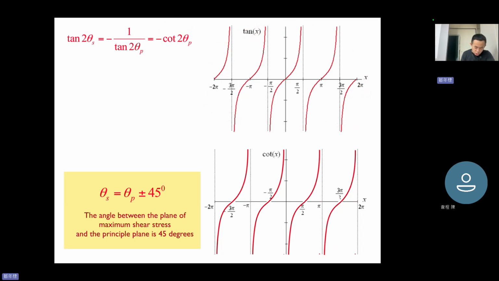So what we do here is, firstly, we do the inversion of the tangent x figure. What is the tangent x inverse figure? It looks like this.